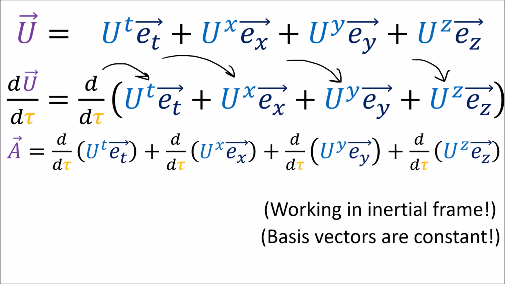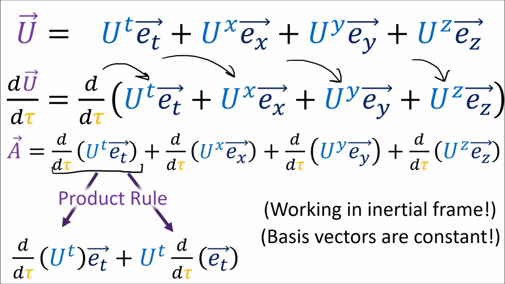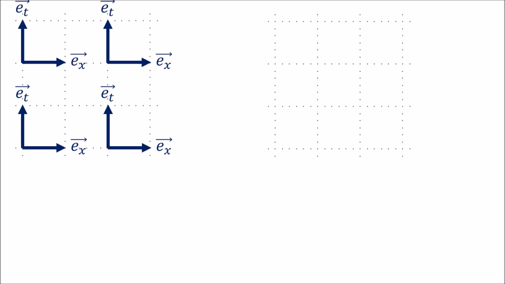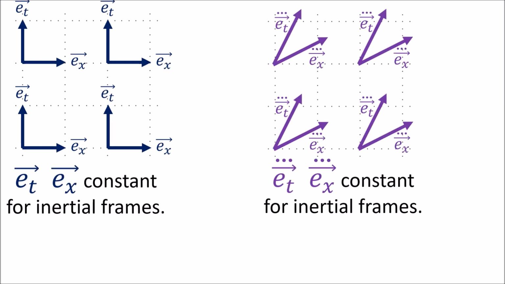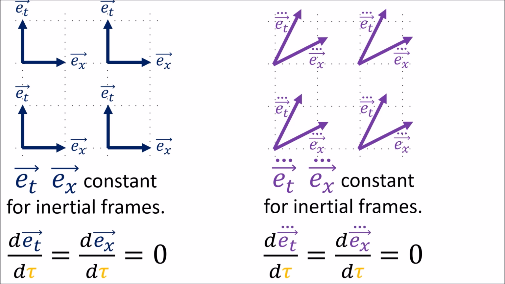This made things simple because when I took the derivative of a term that was a vector component multiplied by a basis vector using product rule, I could ignore the part of the result that had a derivative of the basis vector. Since basis vectors are constant everywhere in inertial frames, the derivative went to 0 and I didn't have to worry about it. So inertial frames are nice because the basis vectors are constant, and their derivatives always go to 0.